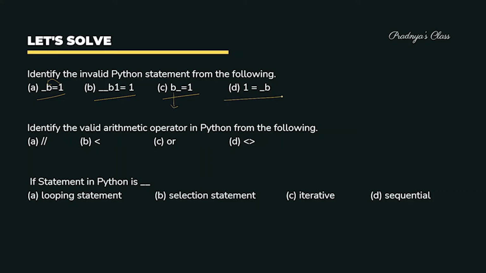But when we look at the fourth option, we can see that it is not valid because we are writing literals on the left hand side and variable on the right hand side, which is not allowed. The variable should be on the left hand side and the value which we want to assign should be on the right hand side. So the invalid Python statement is this D statement.